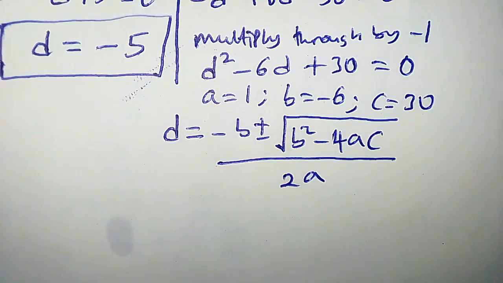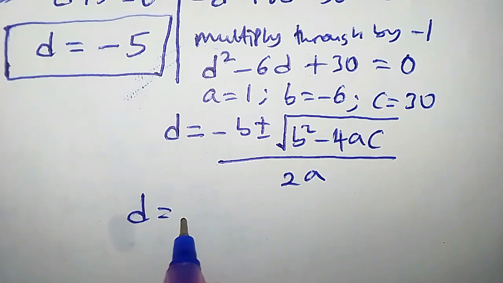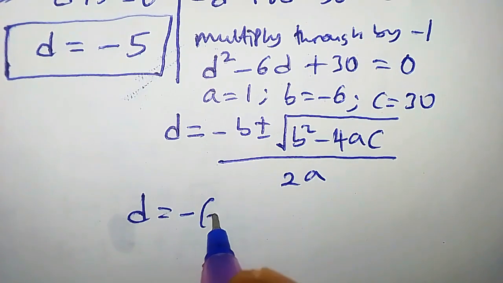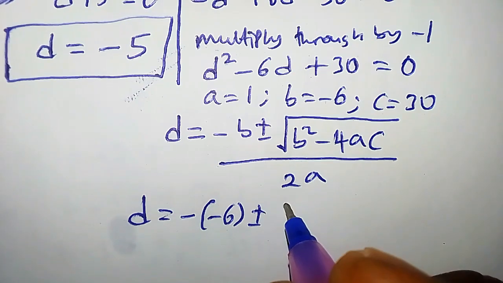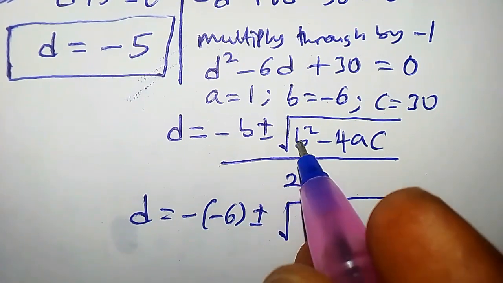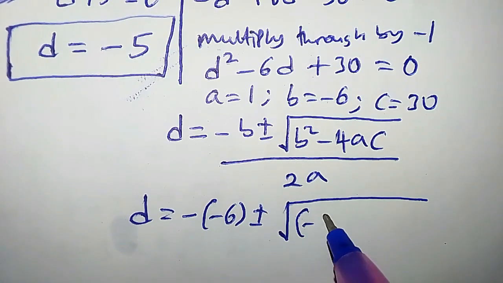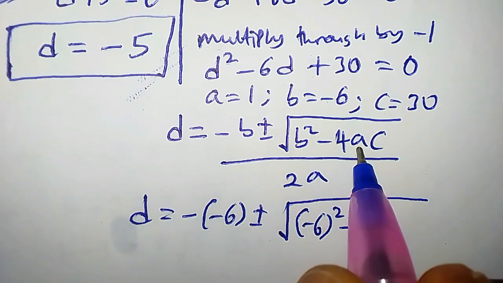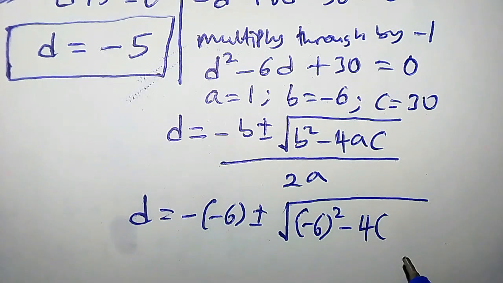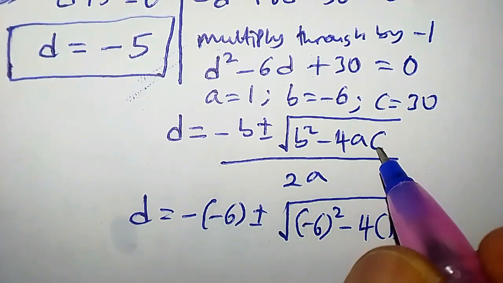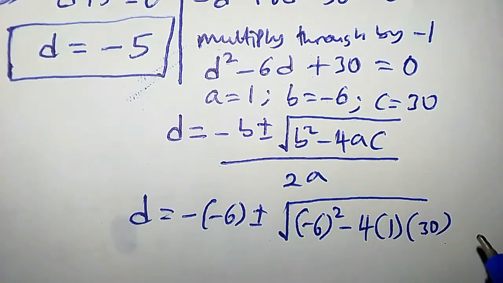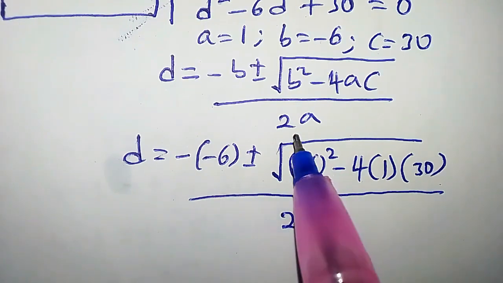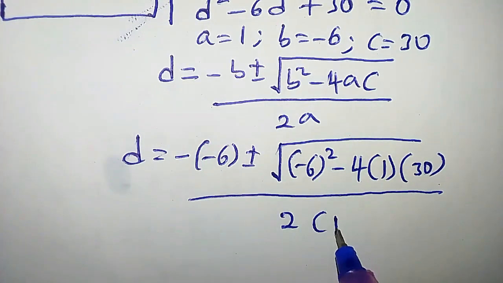So let's continue. d equal to minus, what is b? b is negative 6, minus 6, plus or minus the square root of b squared, that will be minus 6 all squared, minus 4 into, what is a? a is 1, into, what is c? c is 30. Everything divided by 2 into a, the value of a is 1.